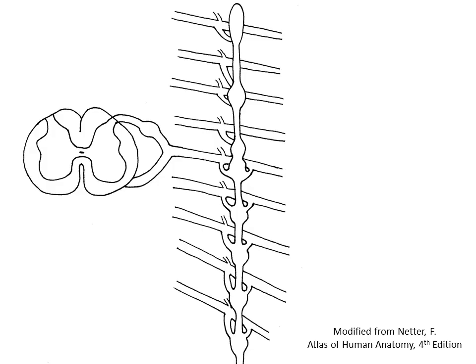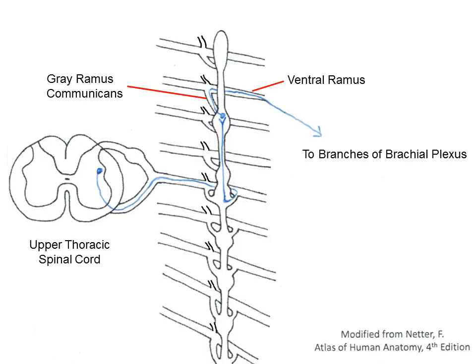We'll now draw in our pathway for the upper extremity. We start in the lateral horn of the upper thoracic spinal cord. Enter the ventral root to the spinal nerve, to the ventral ramus, to the white ramus communicans, into the sympathetic trunk.